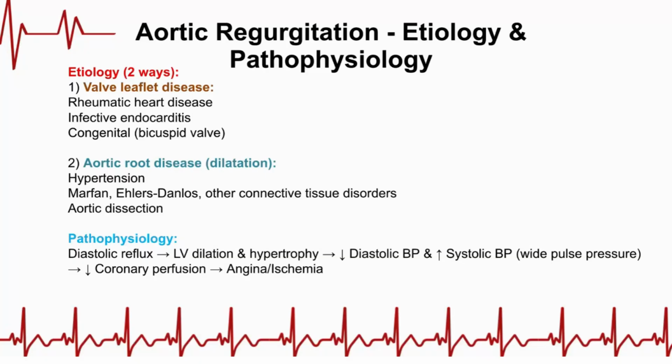But anyway, the next thing that happens is that we have a reduced diastolic blood pressure and an increased systolic blood pressure. So we have something called wide pulse pressure. Now, why do we have a reduction in the diastolic blood pressure? Because blood will leak into the left ventricle from the aorta and reduce the aortic diastolic pressure.